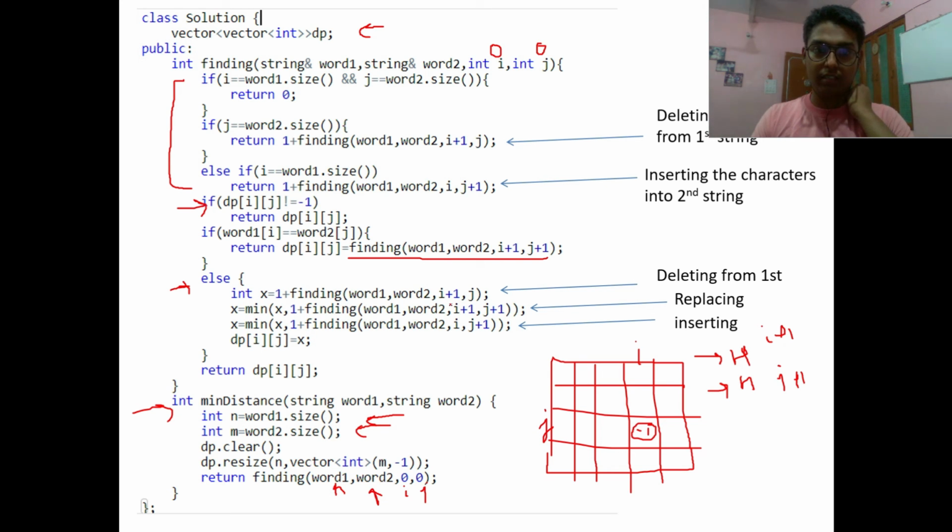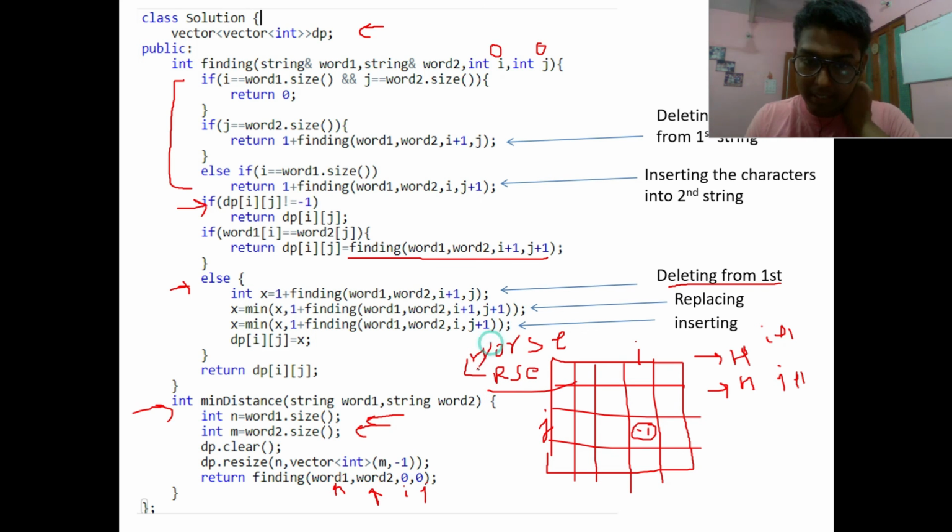If I'm deleting from the first index, then I need to match, like if I'm deleting in H O R S and R S E. If H and R aren't matching, then I am deleting H.